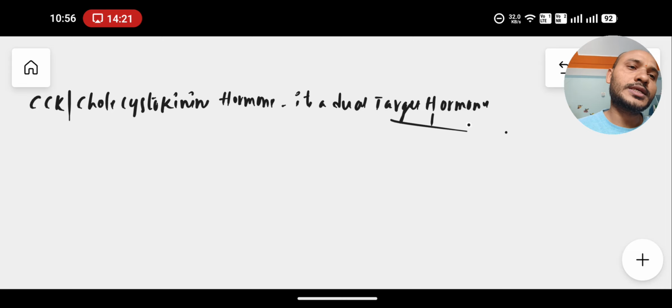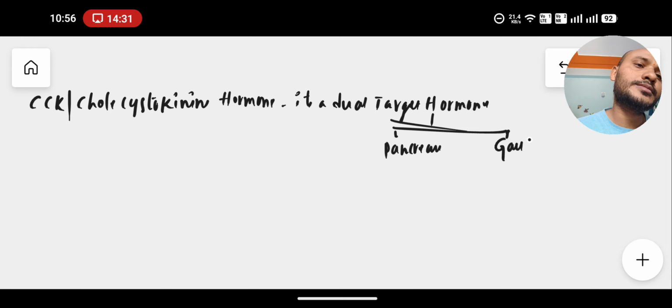Those target organs are the pancreas and the gallbladder. When this CCK hormone stimulates the pancreas, it releases pancreatic juice.